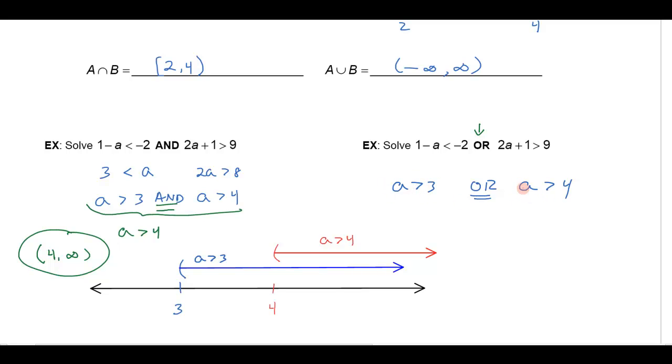And it doesn't matter that 3.5 isn't greater than 4, you still will have satisfied the whole statement. So the solution to this set of inequalities, A greater than 3 or A greater than 4, is going to be A greater than 3. So that would be the interval from 3 to infinity. Okay?